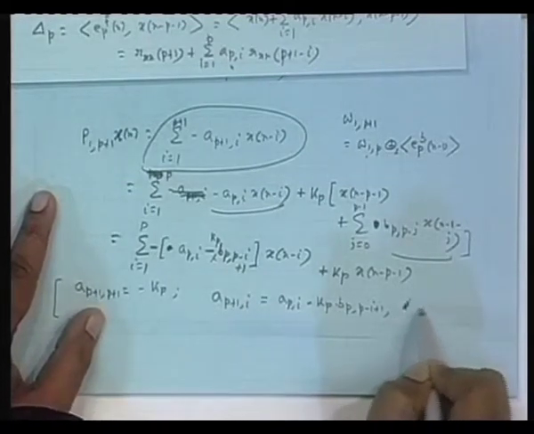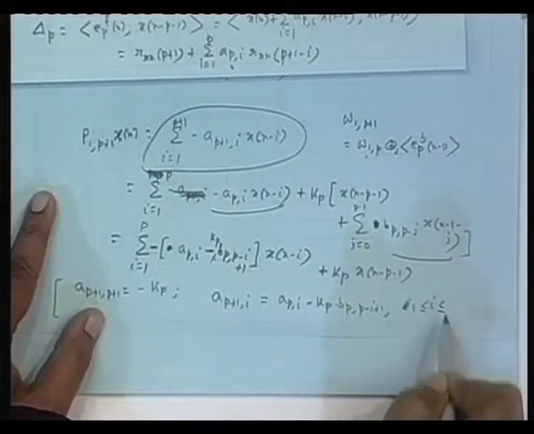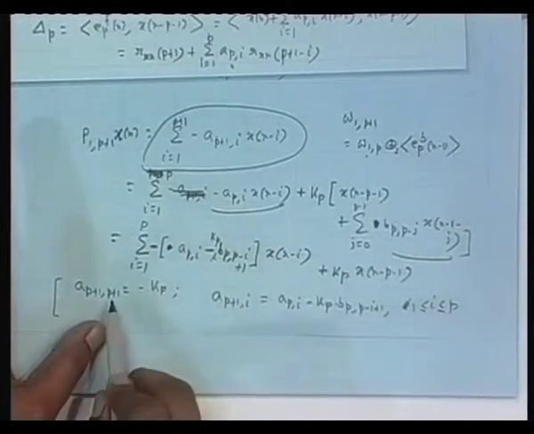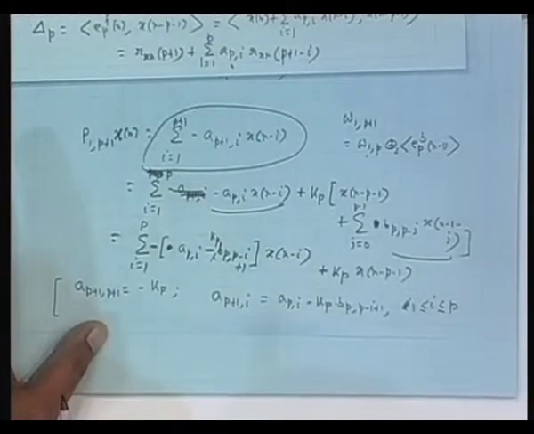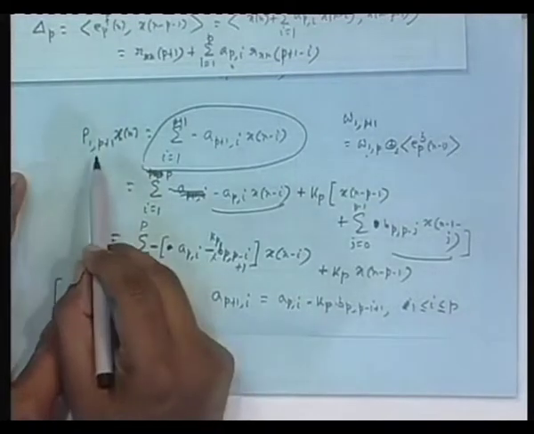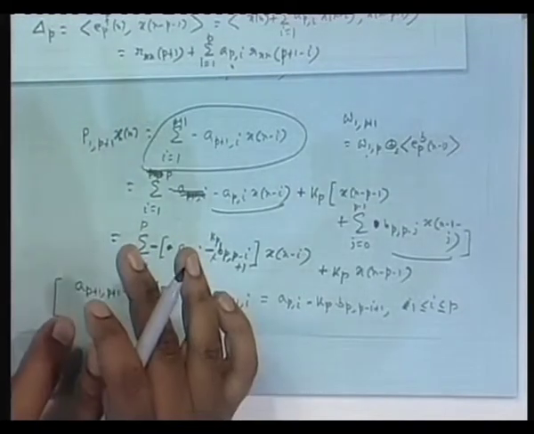So, I greater than or equal to 1, less than or equal to p. When it is p plus 1, this is the formula. We started at the case where this p is at least 1, isn't it?